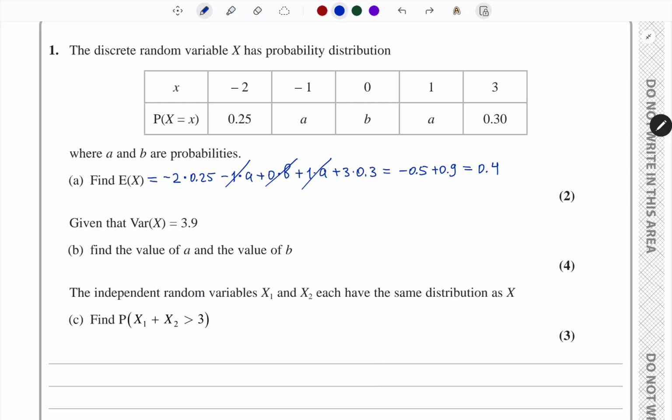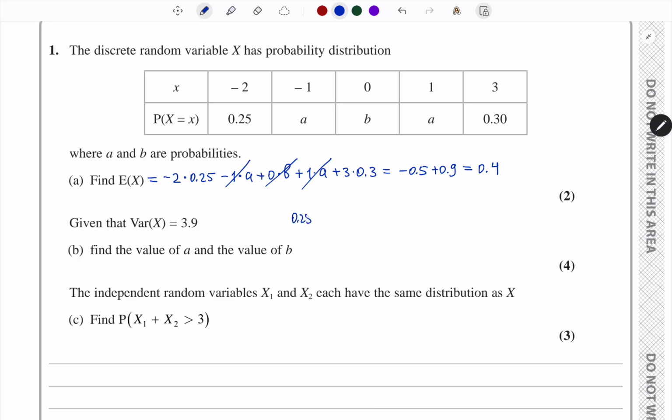Given that the variance of x is 3.9, find the value of a and the value of b. Okay, so we can start by considering the basic property of any probability distribution: the probabilities sum up to 1.